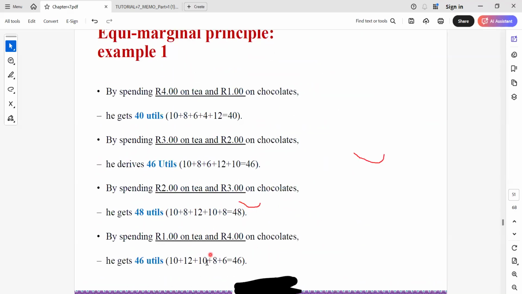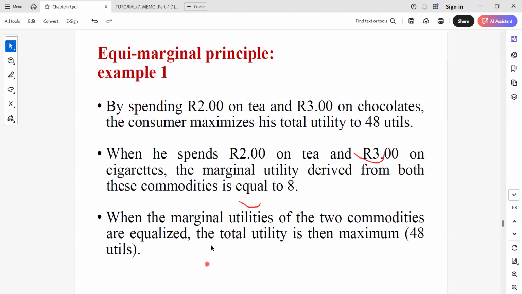So let's look at this one. It's saying here, by spending 2 rand on tea and 3 rand on chocolate, the consumer maximizes his utility to 48 utils.